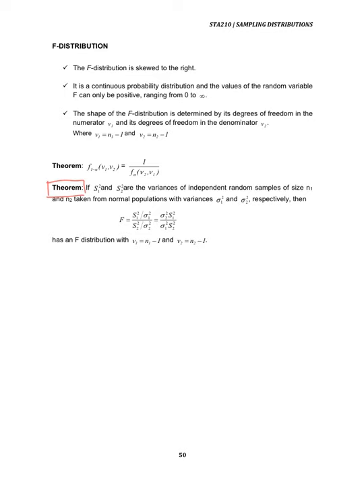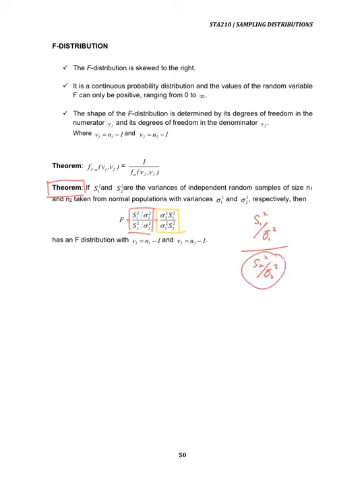When we solve this, finally we will get this one. Actually it comes like this: S1 square bahagi dengan sigma 1 square, kita bahagi dengan S2 square over sigma 2 square.